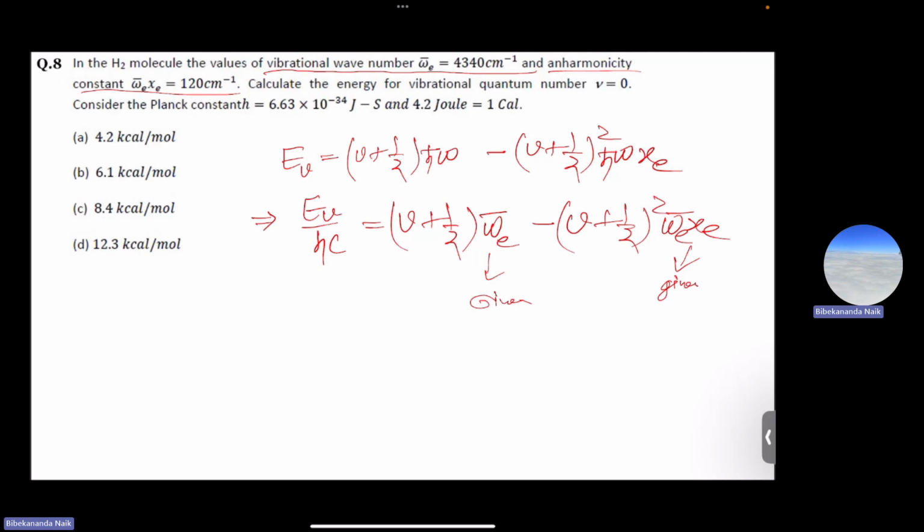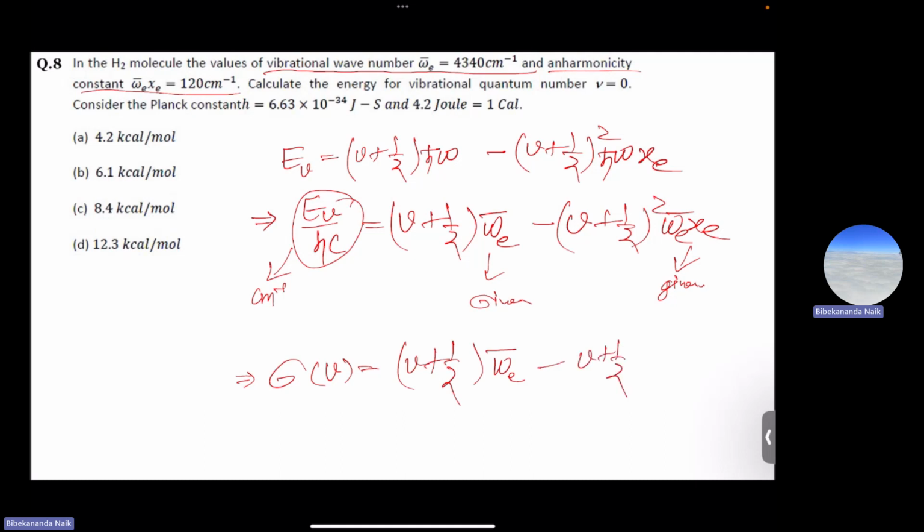Since all these are in wave number, this quantity has the unit of wave number. Now we will use this formula to calculate. This quantity is called G_v, which equals (v + 1/2) ω̄_e minus (v + 1/2)² ω̄_e x_e.